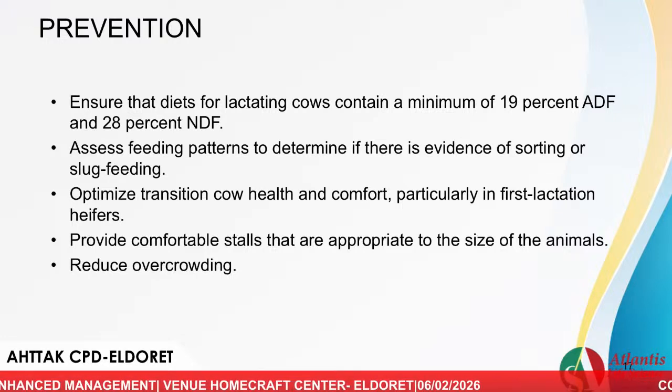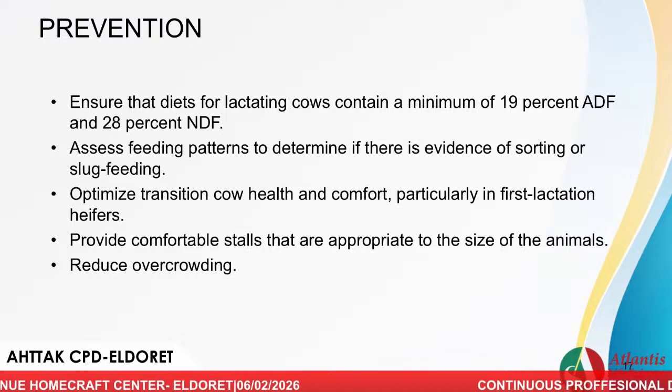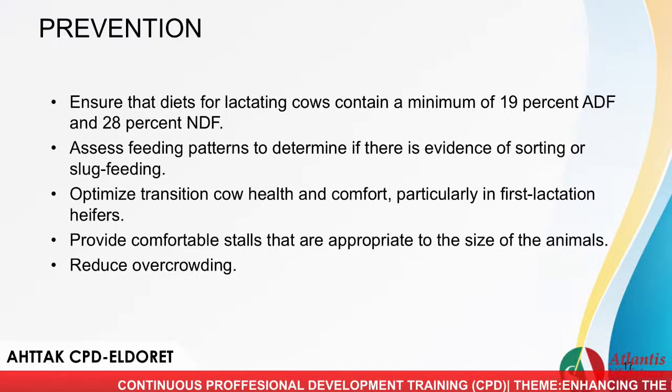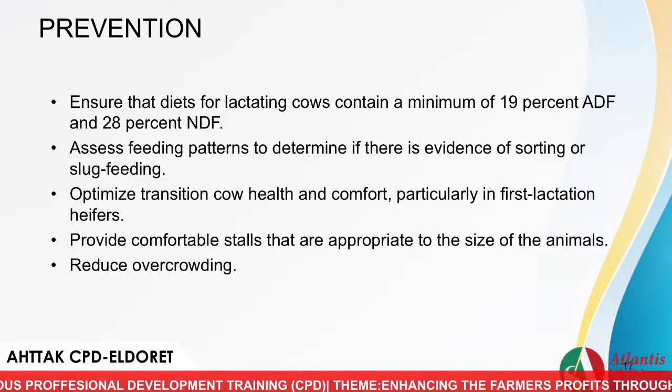Are you getting? So we are saying you have 19% of ADF. ADF means acid detergent fiber. And then the NDF is the neutral detergent fiber. The ADF and NDF are factors that determine the digestibility of the feeds or forages that we give to our animals.